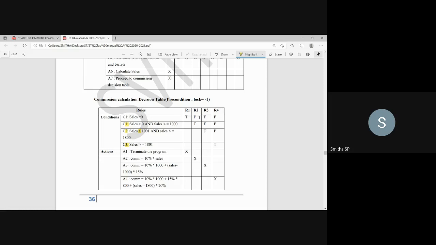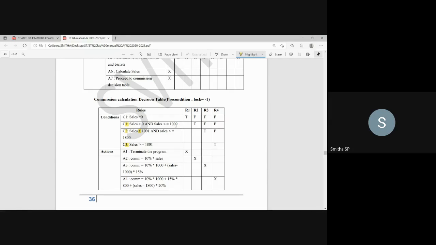Then moving to rule 2, here the C1 condition has failed. That is, sales is not equals to 0, but it has some value. Some sales has been done. So the range of the sales that is satisfied here is C2. Okay, the C2 condition is satisfied. That is, the sales are in the range greater than 0 to less than or equals to 1000.